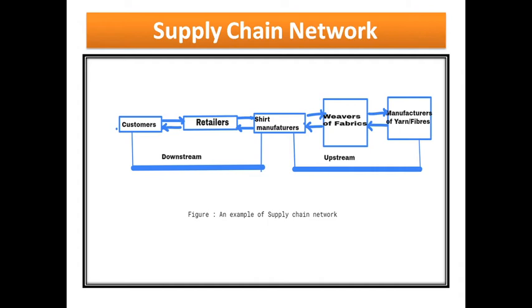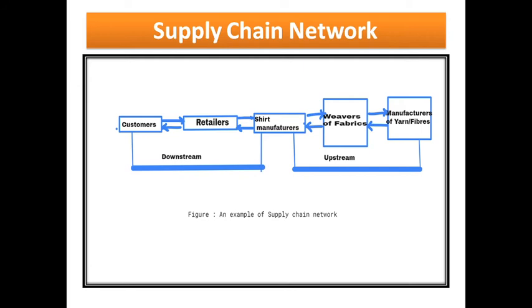So this is procurement. Again, the weavers of fabric need to procure the yarn or fibers from the manufacturers of yarn or fibers. So they need to source the material from this stage. Now this is the manufacturer of yarn, then weavers of fabric and shirt manufacturers. This linkage is termed upstream.